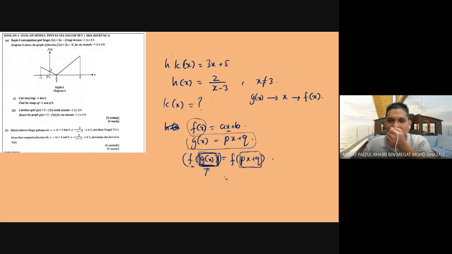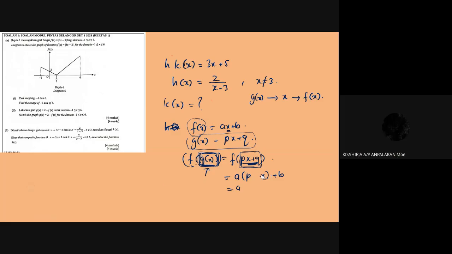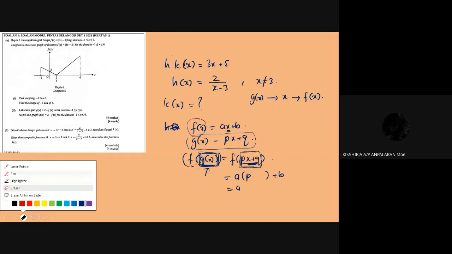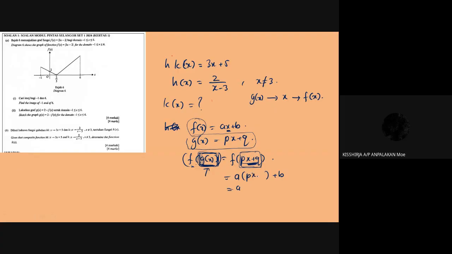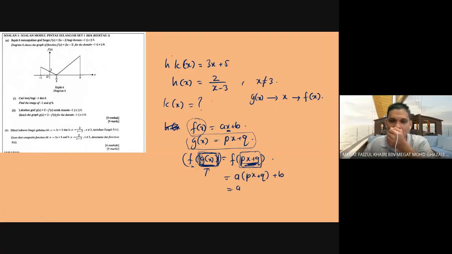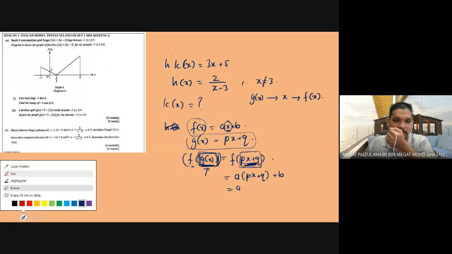So meaning here, substitute px plus q into x, where ax plus b, then a(px plus q) plus b. We substitute the whole function of g into x of the function f. Okay, now the question given here is the opposite.